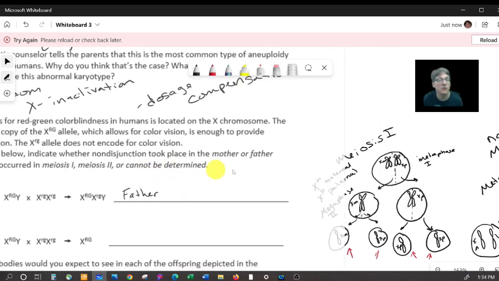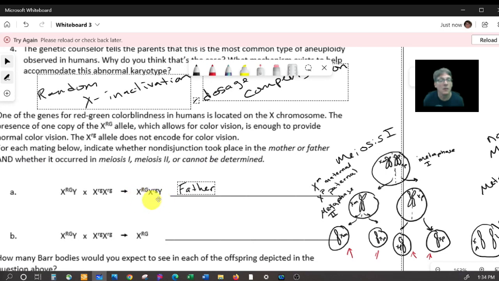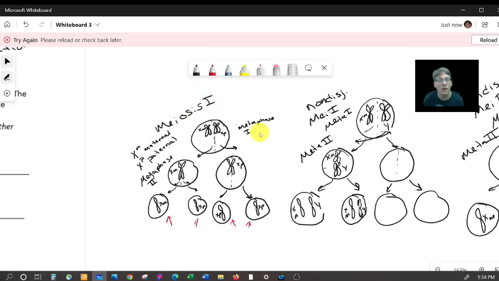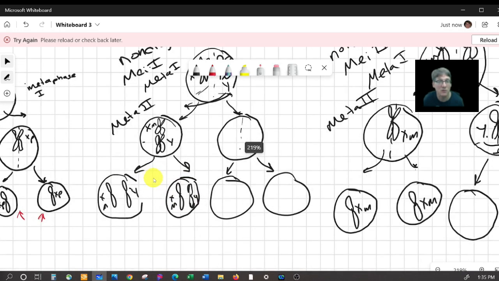Okay, so this individual, non-disjunction happened in the father, and then this child has an X and a Y from the father, and so if we had non-disjunction in the father, okay, if it happened in meiosis 2, it would either be 2 Y chromosomes or it'd be 2 X chromosomes that are paternal in origin.